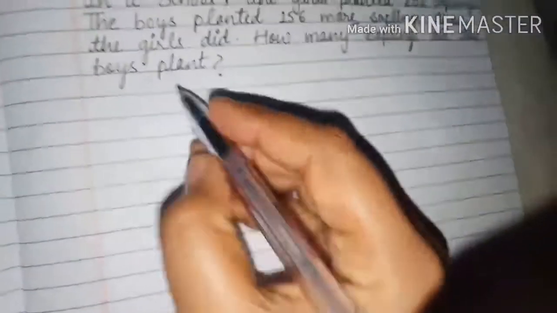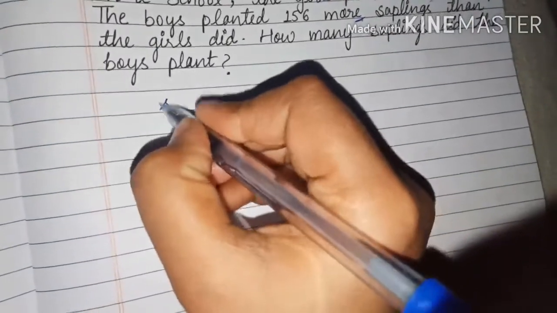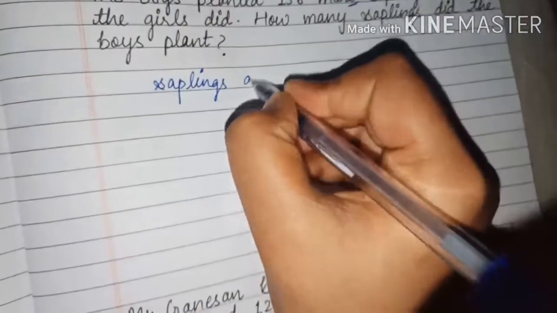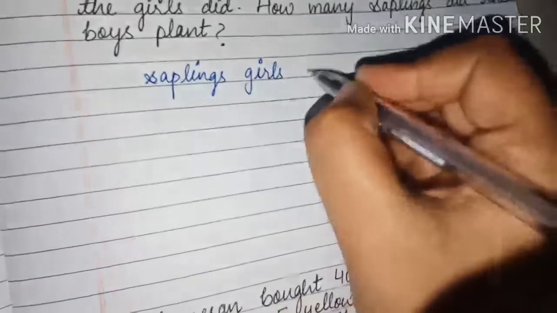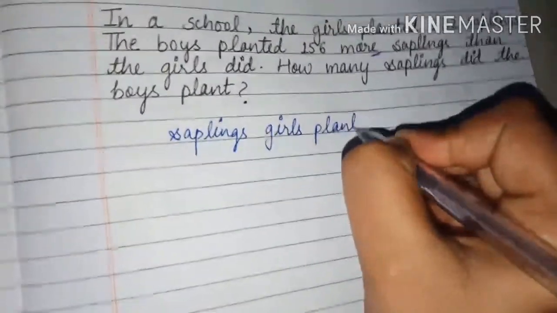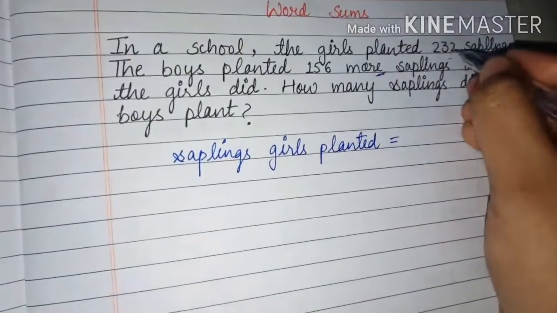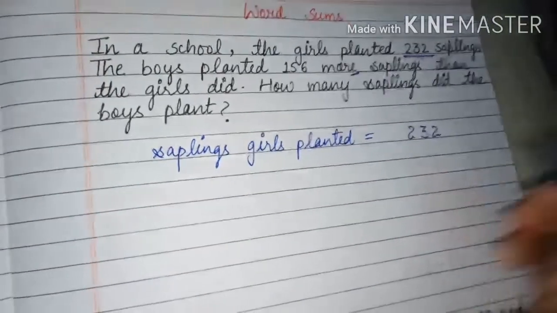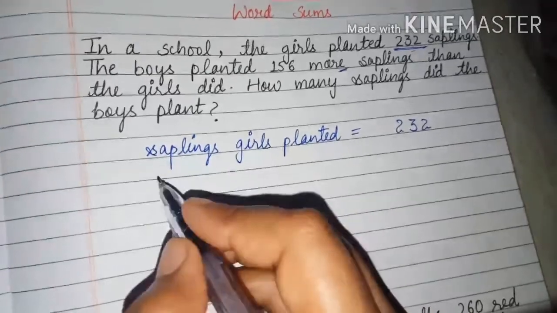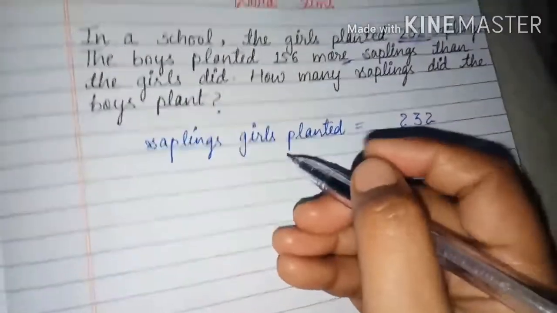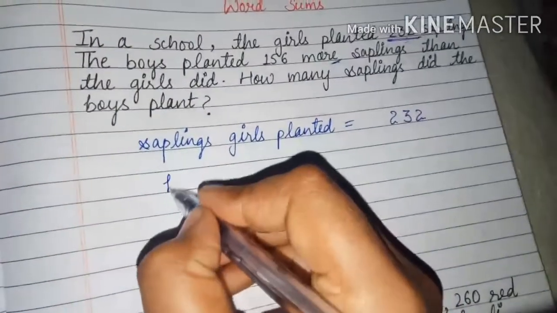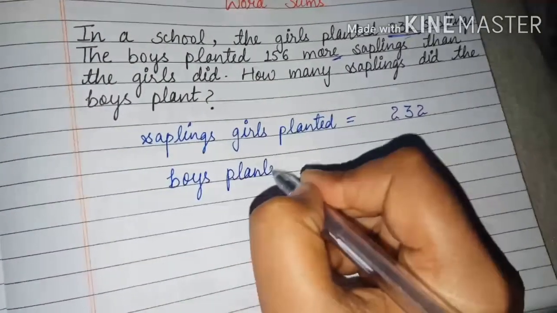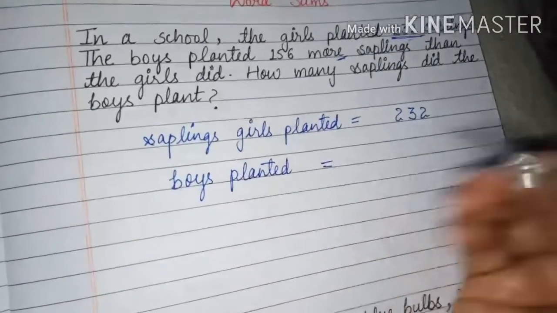So what I have to do is यहाँ पे saplings girls planted. अब गर्ल्स ने कितने सैपलिंग्स प्लांट किए थे? Just have a look, 232. So 232. Now if I have to find out how many saplings boys planted, so boys planted is equal to what?